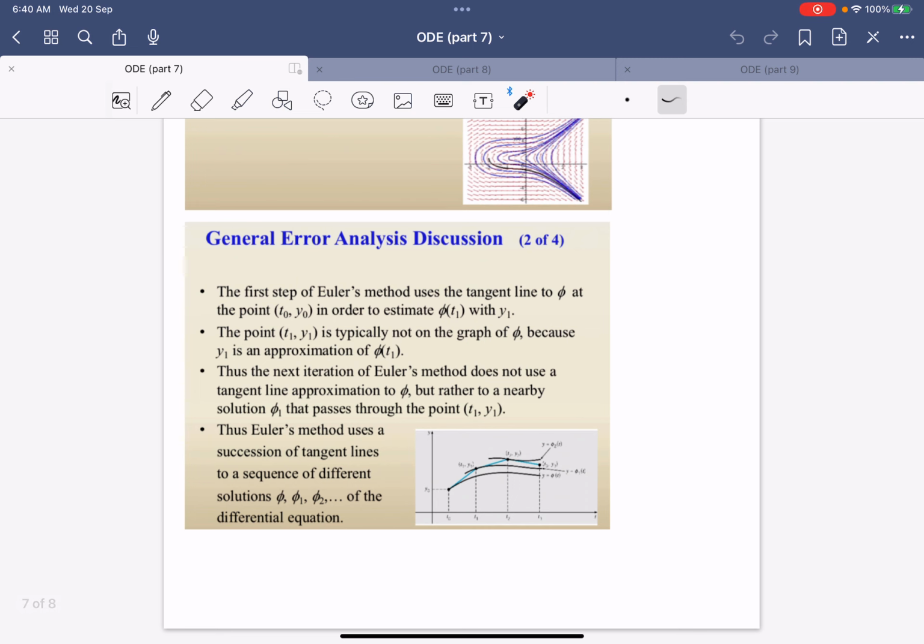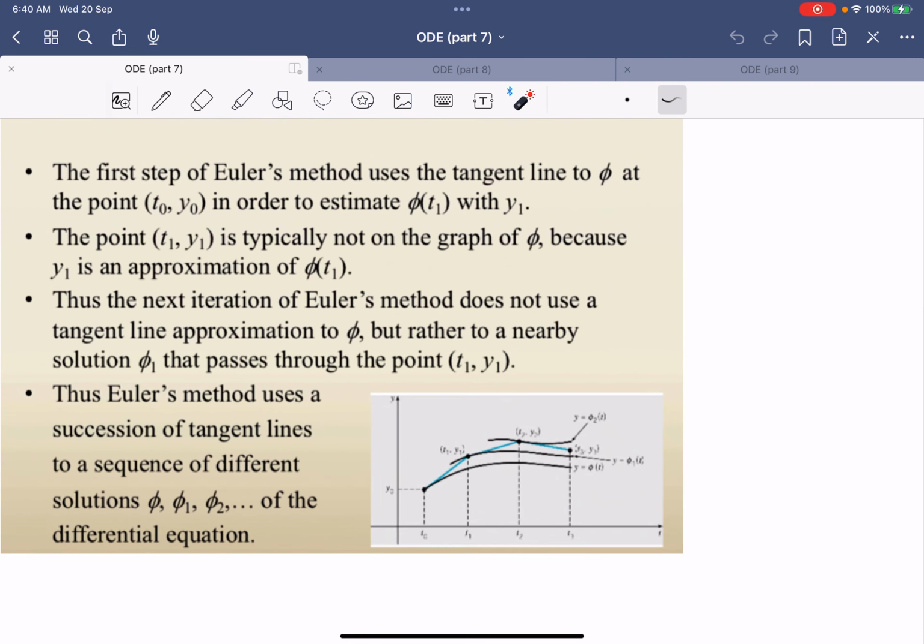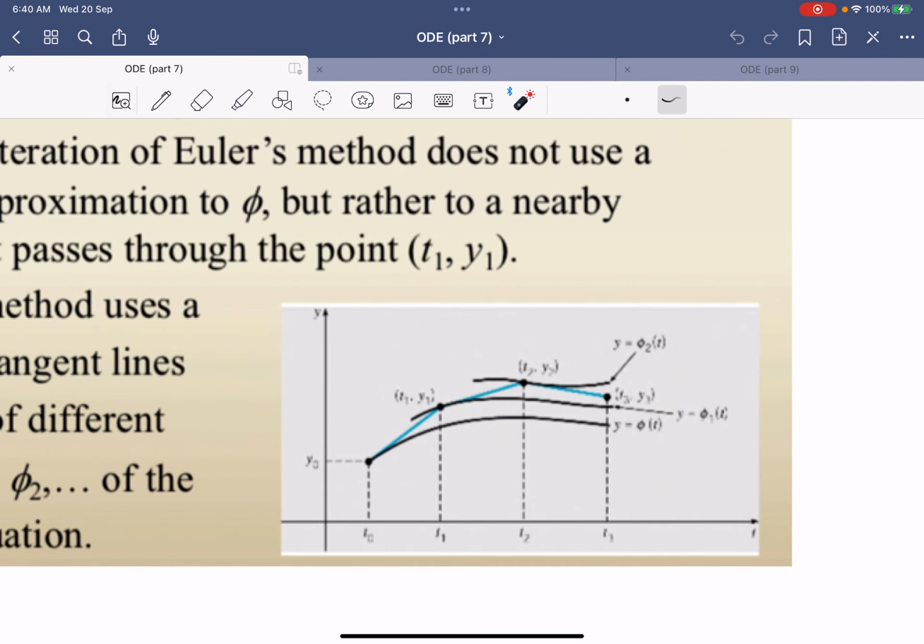What I already said is that we are shooting from one point to another point using a tangent line. Now we land here, and here we have a new solution curve that is satisfied. From here, it will have a new tangent, and based on how the solution curve is shaped, it could go something like this.